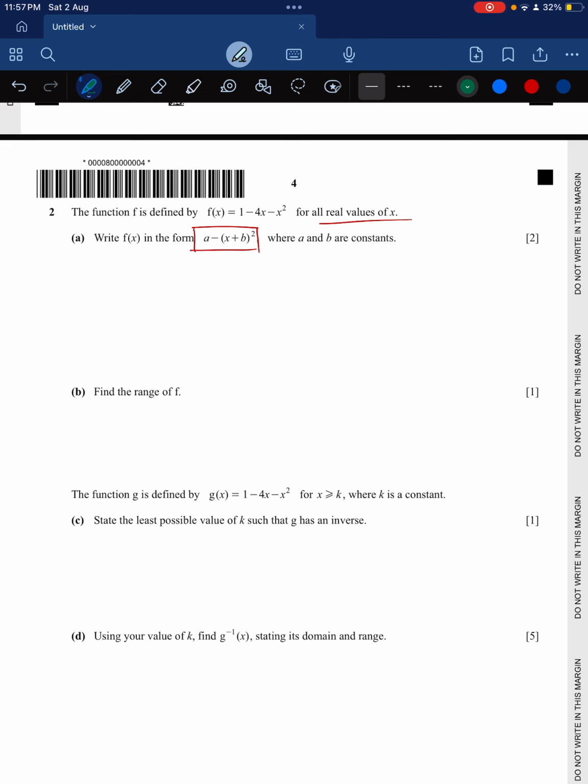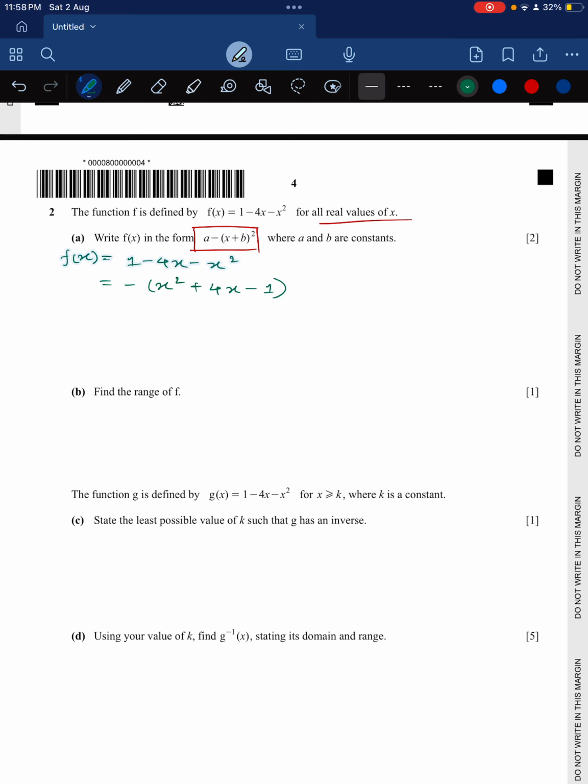Okay, so now it's given that f of x is equal to 1 minus 4x minus x squared. So just take the negative sign. So x squared plus 4x minus 1.